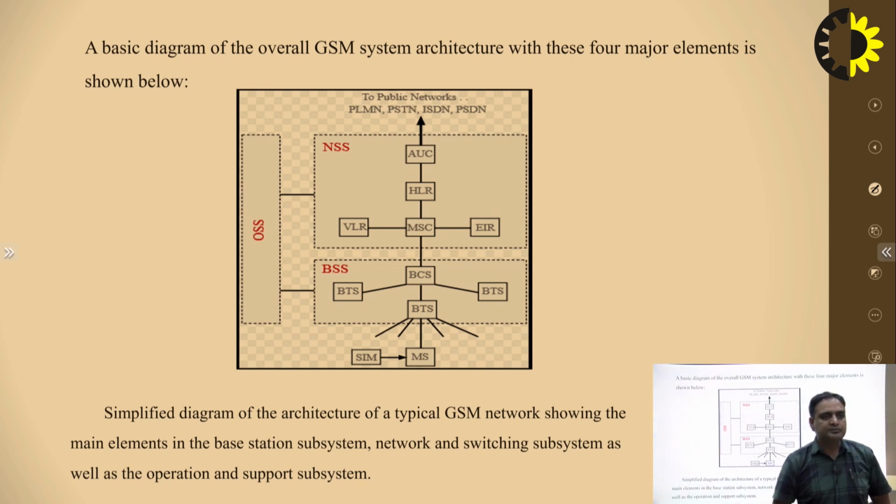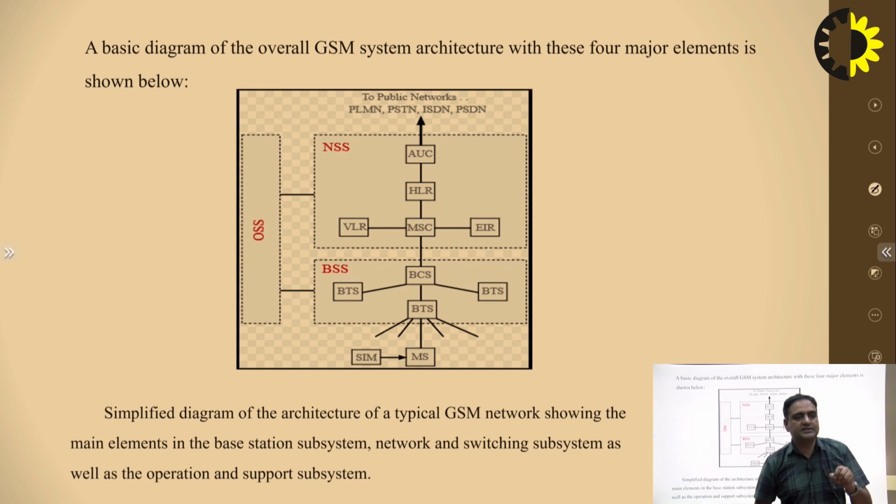BSS. In the picture you can see that the SIM is inserted in an MS, meaning mobile equipment, mobile device, and this mobile device will capture the signals from the concerned BTS.